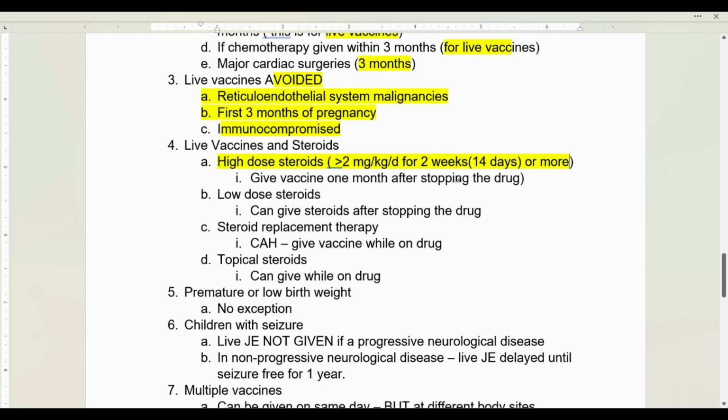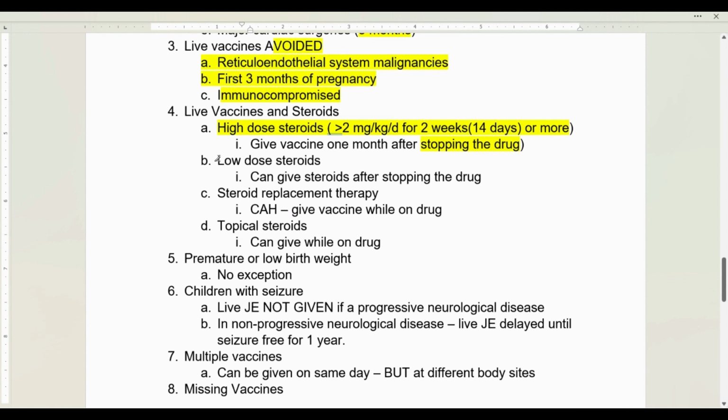So we have to give the vaccine 1 month after stopping the drug. So that means if the child has nephrotic syndrome, we have to give the vaccine in the remission period, after 1 month of stopping the drug.